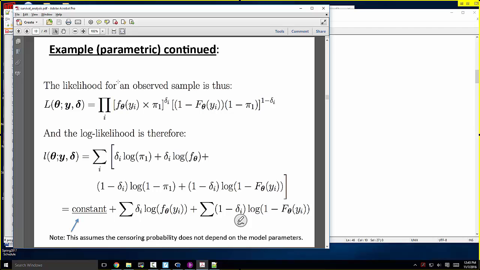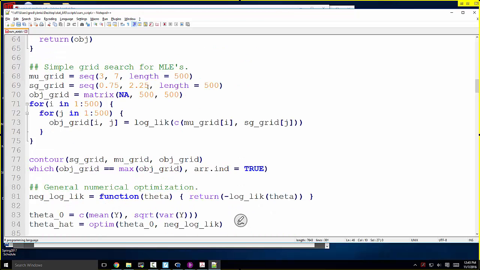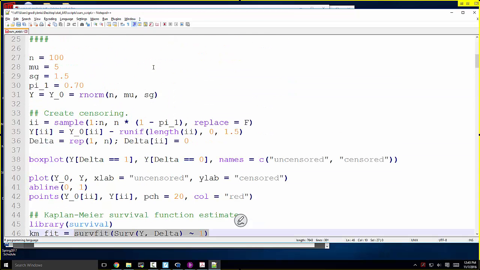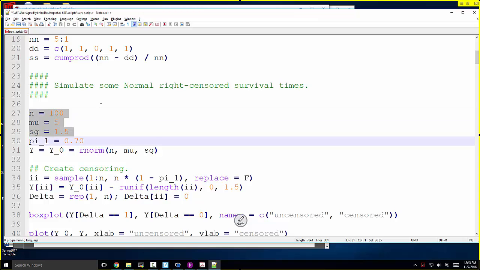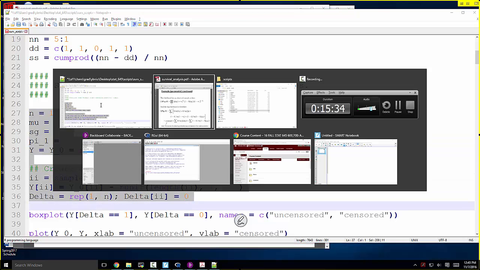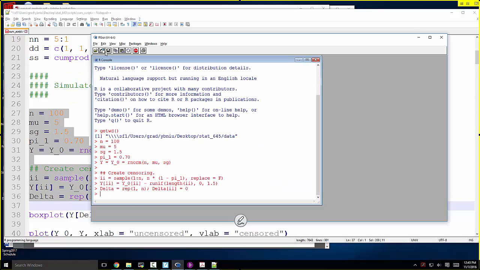So back in the script, we simulated some data. Let me go ahead and re-simulate these data. This is a sample of size 100, and I'm going to randomly pick some proportion of the individuals to be censored.